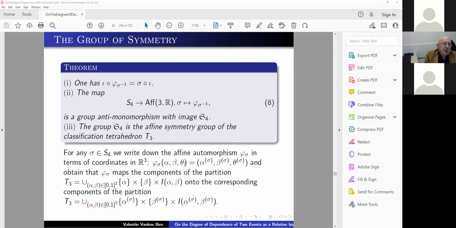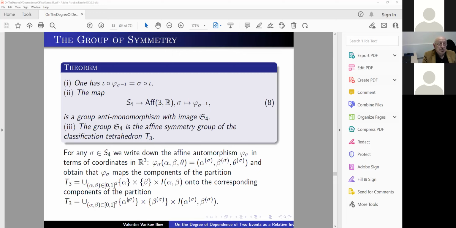So let's write down the affine isomorphism phi sigma in terms of the coordinates in R3 in this way. And we obtain that phi sigma maps the components of the partition of T3. You remember that this is partitioned by line segments. So it maps those line segments onto the corresponding line segments of T3 also.